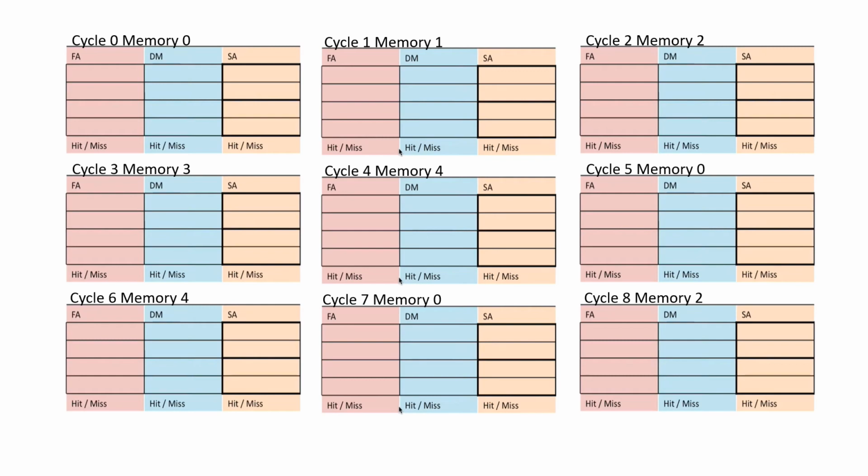Of course, for memory 0, the first access is a miss. In the fully associative cache, it should be anywhere, but there's an instruction here that we just place it at the top down to the bottom. The top is the most recently used, and the bottom is the least recently used. The least recently used at the bottom gets kicked out, and the most recently used will be at the top. But of course, for a fully associative cache, it can be placed anywhere.